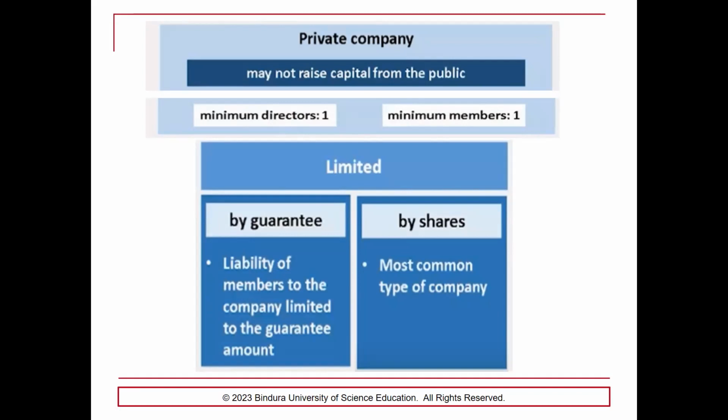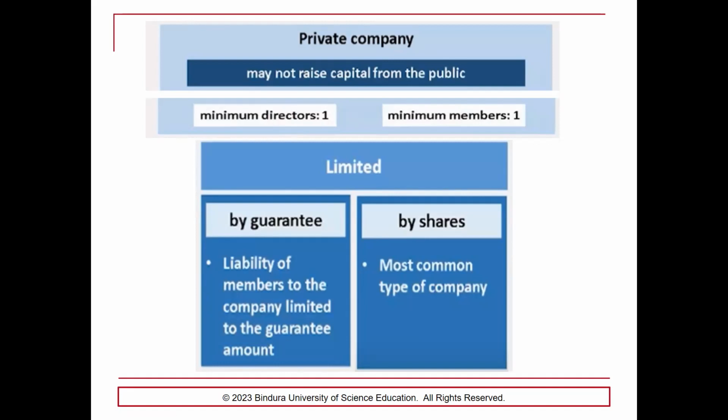Then there's a second type of limited liability where liability is limited by guarantee. So what we are basically saying is you would not have actually invested any money in the business. What you would have done is offer a guarantee that in the event that the company faces any challenges and it is required to pay its creditors, I am guaranteeing that I will pay 10,000.